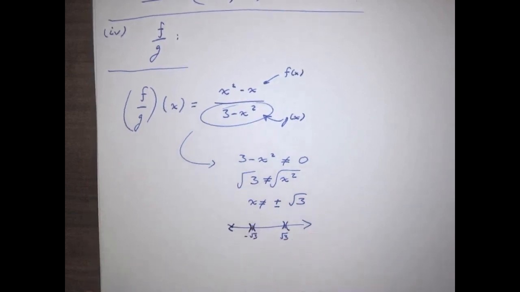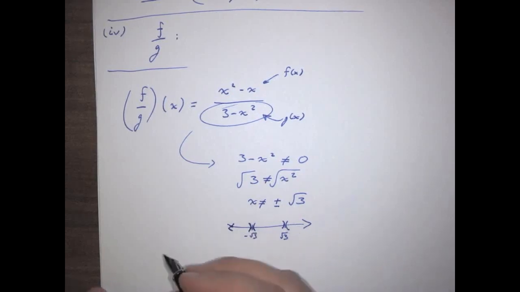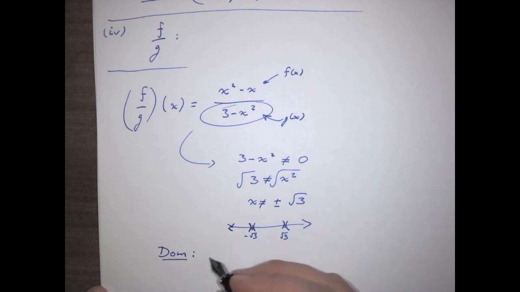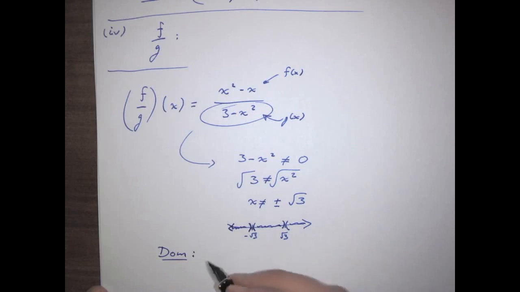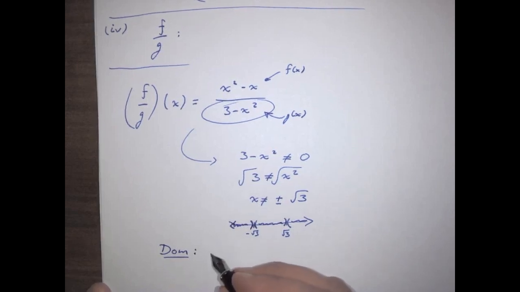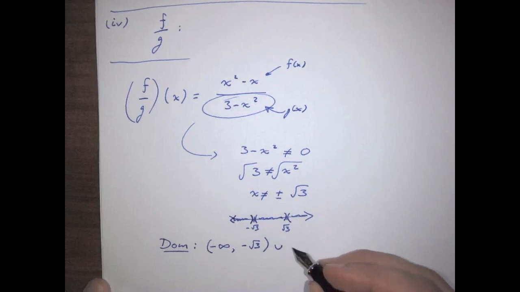Now, if we want to put this domain in interval notation, we're going to have to take out those two values, so the way that would look is like this. So the domain is going to be everything below negative square root of 3. So that's negative infinity to negative square root of 3. And then it's going to be everything between negative root 3 and positive root 3.